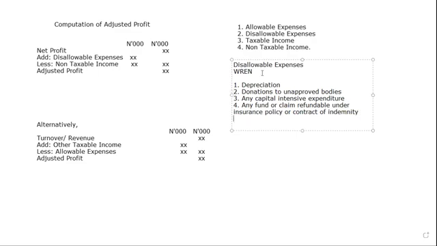Number 5, we have loss on disposal of non-current assets. Are you with me? Yes, sir. Number 6 now.